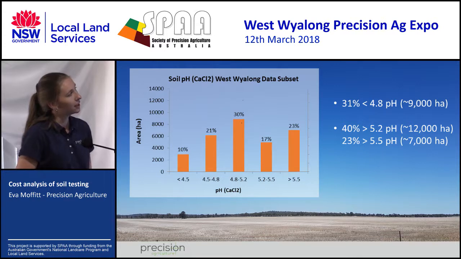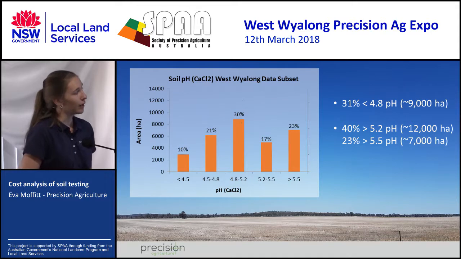So these are areas here that traditionally might have been underlimed if we were doing a blanket approach, and then almost a quarter of the data here that didn't need to be limed.